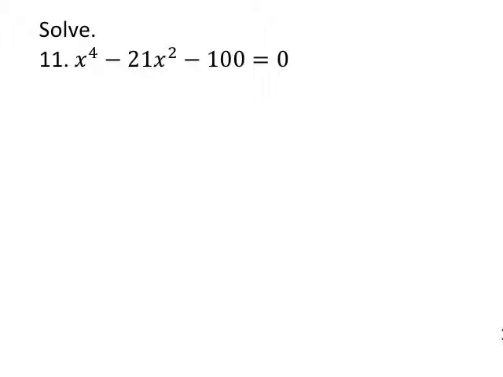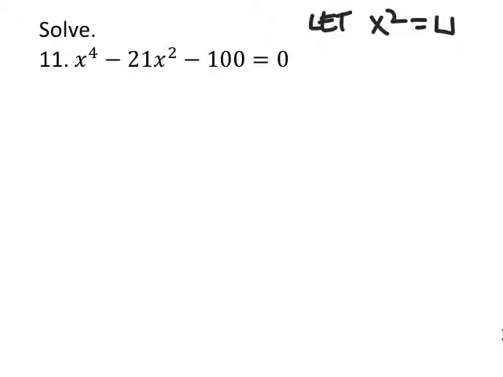Alright, at number 11, we have x to the fourth minus 21x squared minus 100 equals 0. But what we really want to do is make this more of a quadratic. So what we'll do is replace x squared: let x squared equal some letter, u.